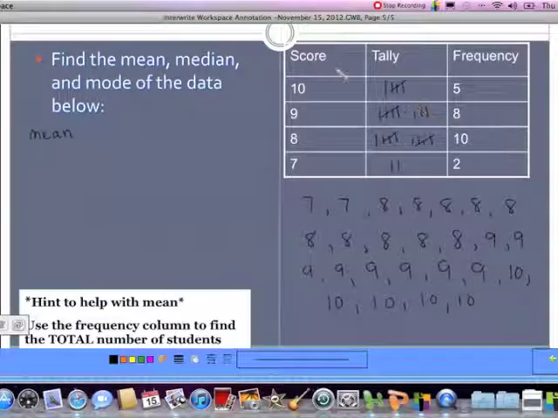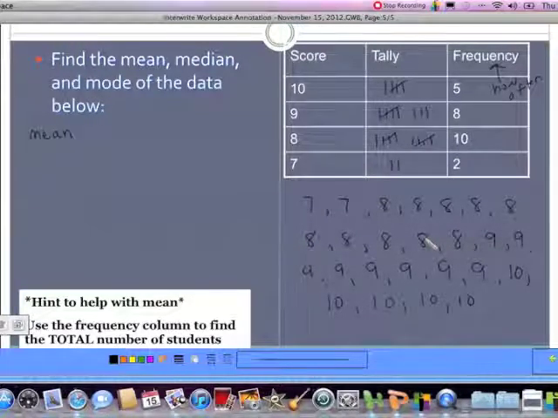So just to clarify, this was the number of goals that the player scored each year, and this is the frequency. And frequency just means how often something occurs. So 5 players scored 10 goals, 8 players scored 9 goals, 10 players scored 8 goals, and 2 players scored 7 goals. So that's how I got my data set.